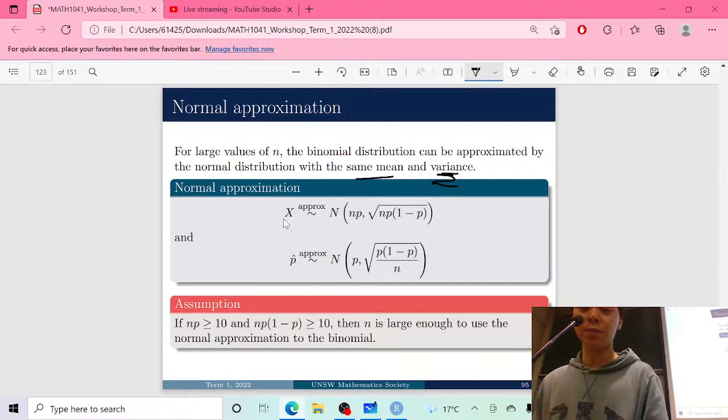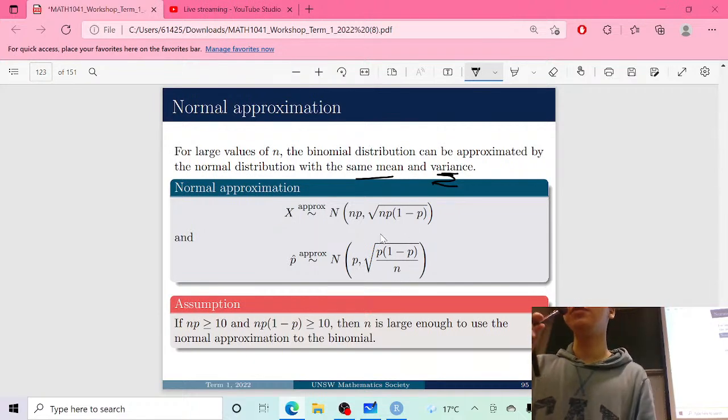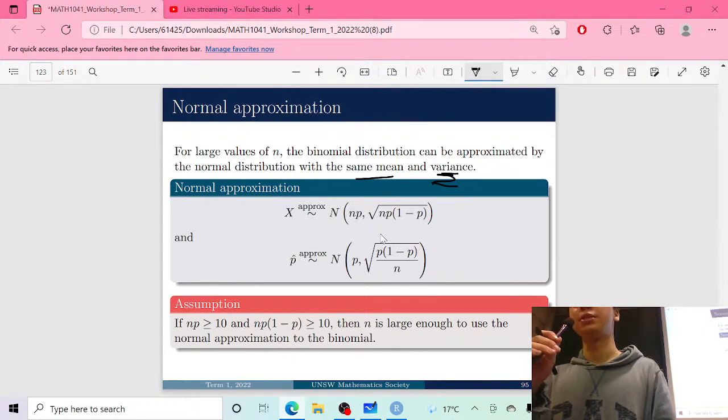So if x is approximately normally distributed with parameters np and the square root of np times 1 minus p, then p hat is also going to be normally distributed with mean p and pretty much the same standard deviation. That's really convenient because we can switch between a normal distribution, which is continuous, and a binomial distribution, which is discrete, for fairly large values of n.